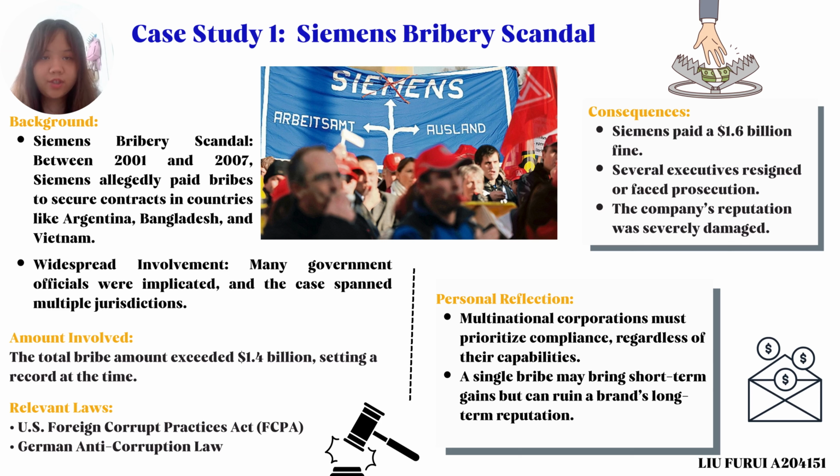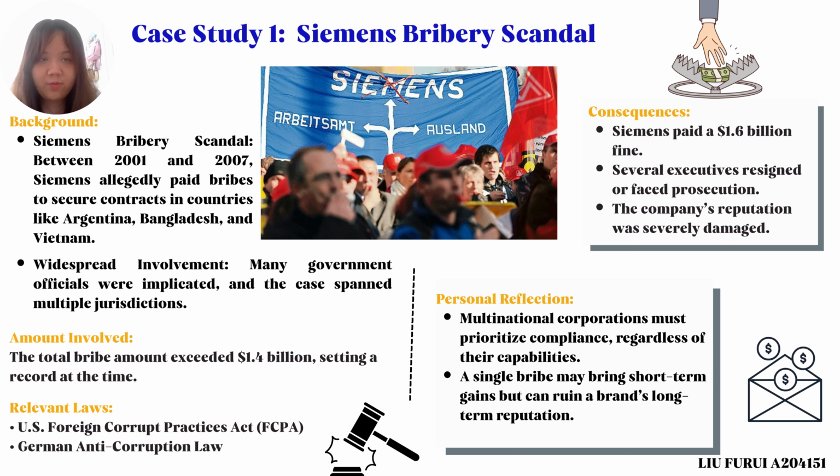Next, I want to talk about two famous company scandals. These cases show why following the law is very important for big companies, especially in international business. The first case is about Siemens, a large company from Germany.